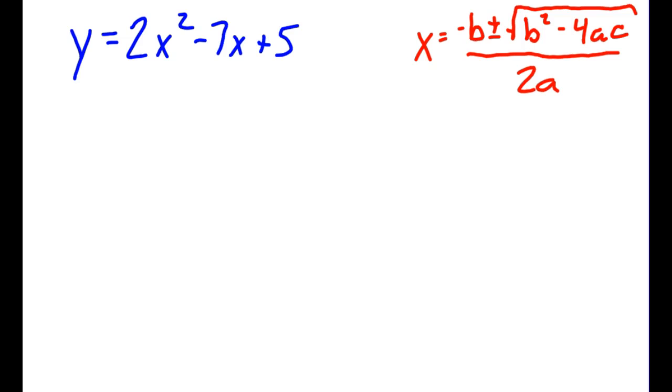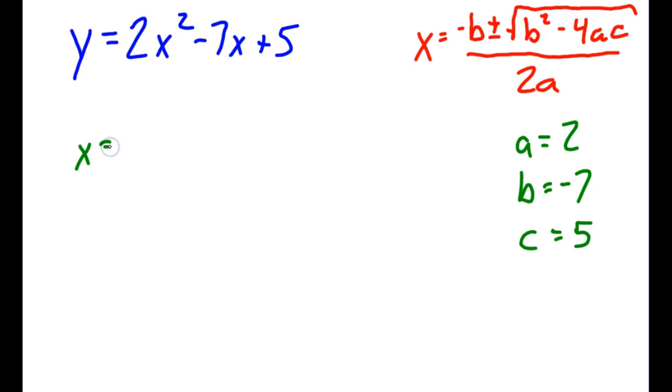First example, we're going to use the quadratic formula to solve the equation y equals 2x squared minus 7x plus 5. We can see what the a, b, and c values are. Our a value in this case is 2, the b value is negative 7, and our constant c is 5. So now we just have to plug these values into the quadratic formula.